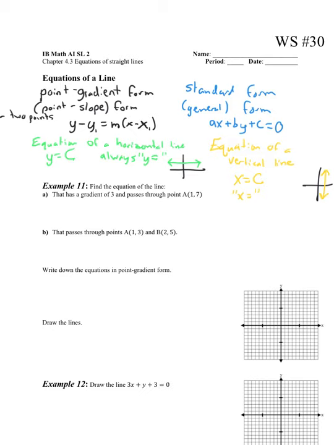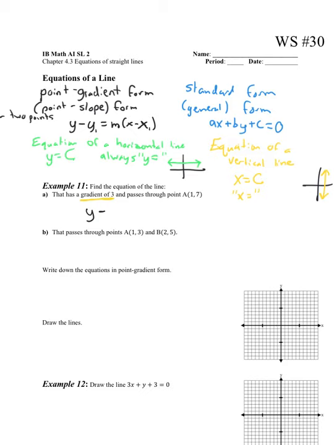And what we're going to be asked to do today is find the equations of lines for stuff given. And for example A here, it says here's a slope of 3 or gradient of 3, and it passes through the point 1 comma 7. So this is where point slope form comes in.